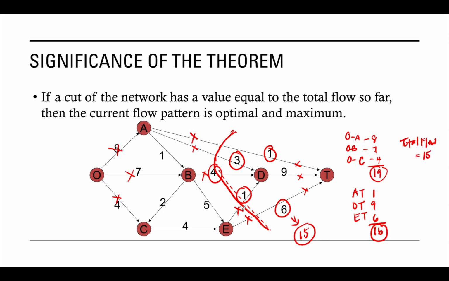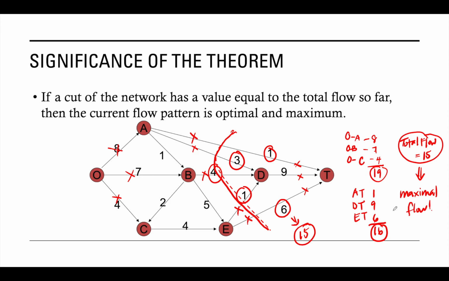If you remove these arcs, then flow from O to T will become impossible. Therefore, this is a legitimate cut. And because the cut value now is equal to our total flow, then we can now conclude that this is actually the maximal flow.